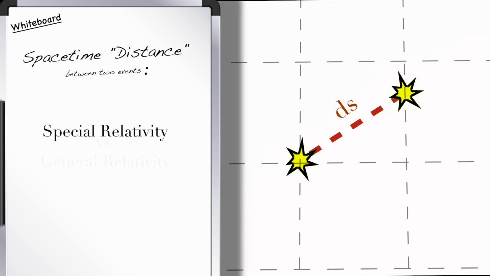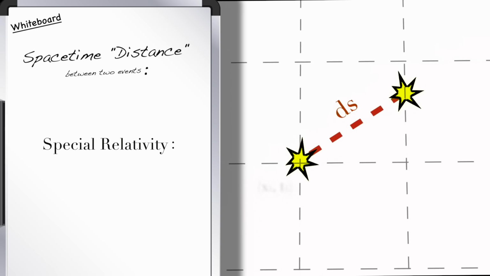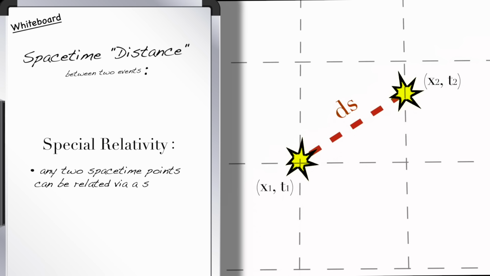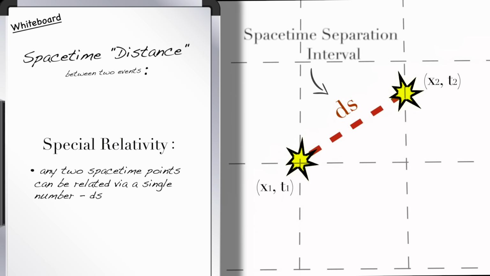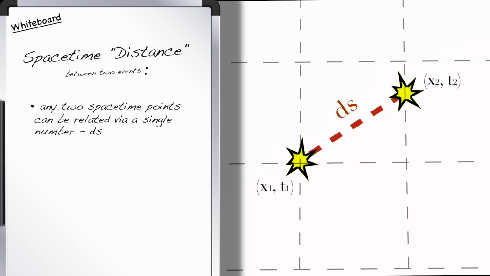Special relativity says yes, we can, that any two points in space and time can be related via a single number, known as their space-time separation interval. We write this special distance as a Pythagorean relation between the dt squared and the dx squared.